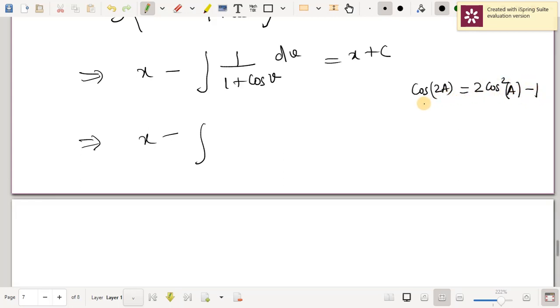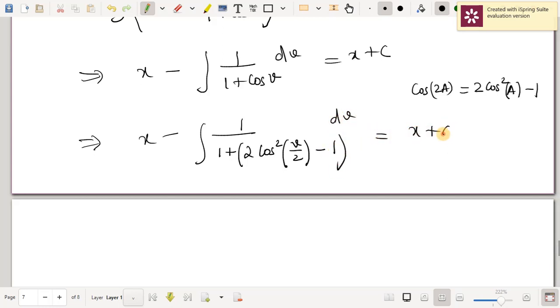So we are using that fact. I can write this as cos of 2 times v by 2, so my a is just v by 2, and so 1 upon 1 plus cos v can be written as 1 upon 2 cos square of v by 2 dv, and the other side as it is x plus c.